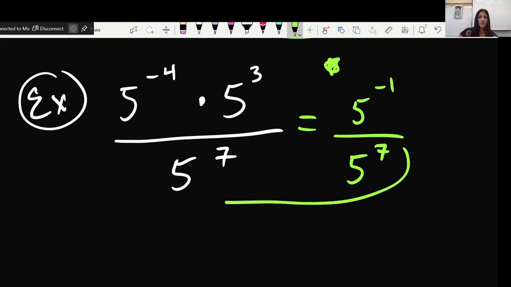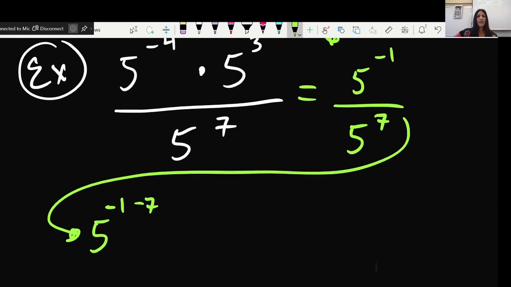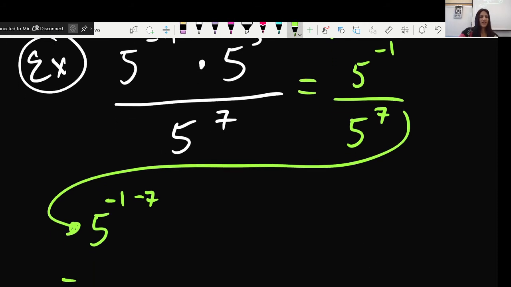So I'm going to carry on with that down here. What do I do when I go to simplify this? 5 to the, what should I do with the exponents? Well, so it would be negative 1, and then we're going to subtract that 7. Does everybody see where I got that from? So then the next question is, what is negative 1 minus 7?